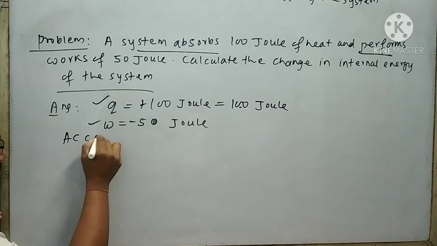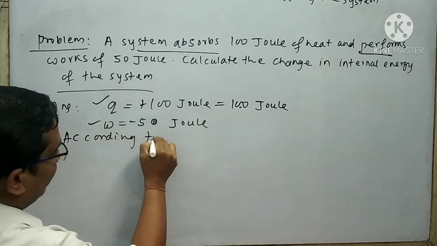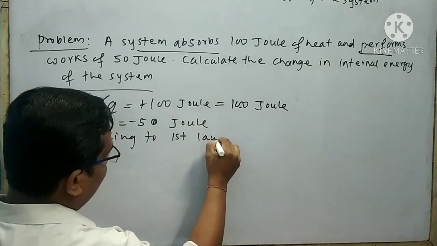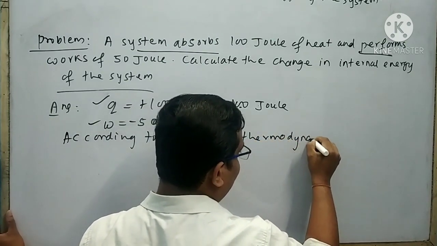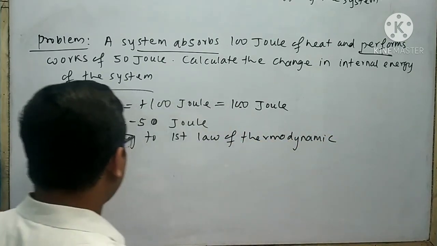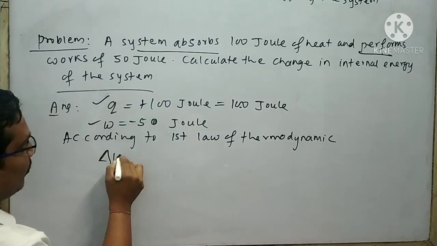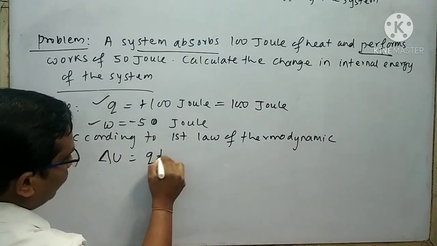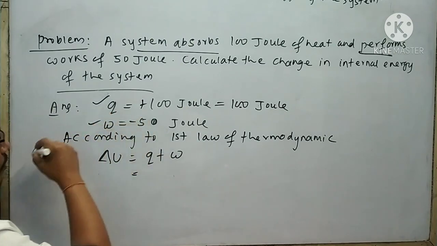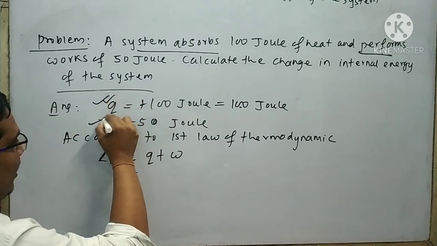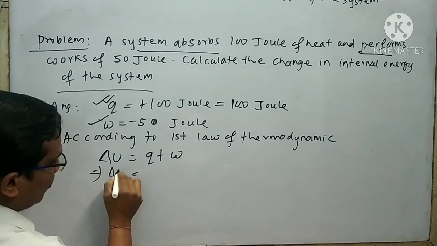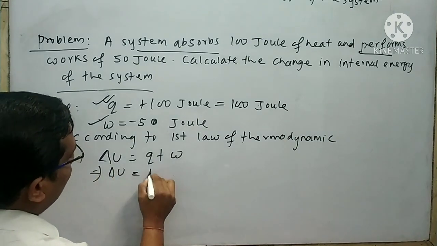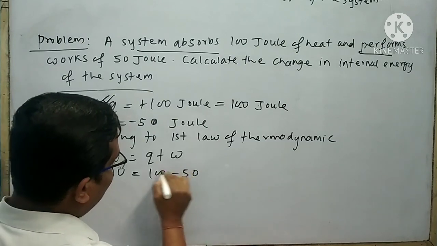According to first law of thermodynamics, I can write del U equal to Q plus W. Now put the value of Q and W in this equation. Then I can write del U equal to 100 minus 50.